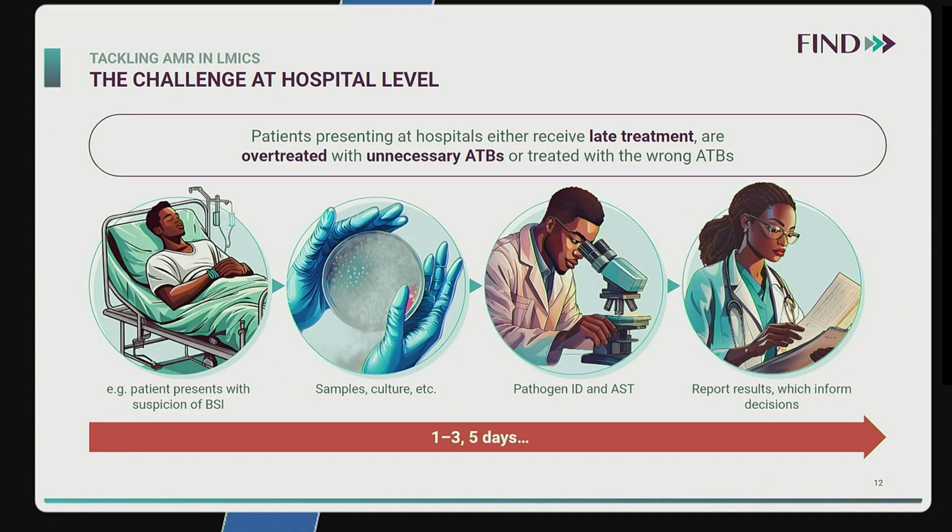At a hospital level, the challenge is even worse because patients reaching a hospital need adequate treatment, as they will be more severe. In those cases where the hospital is lucky enough to have access to microbiology services, the time between taking a sample, culturing it, and getting identification and sensitivity profile can take, at the luckiest, 1 to 3 days, but can go over 5 to 7 days.